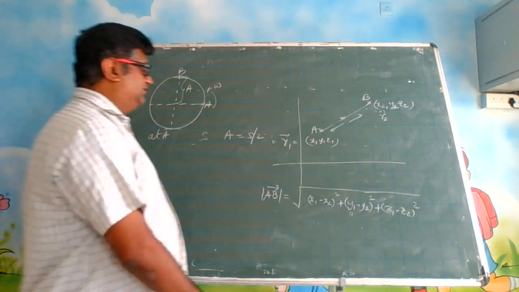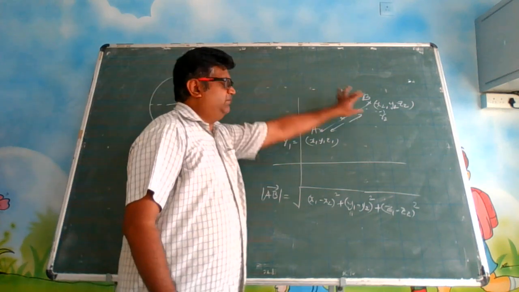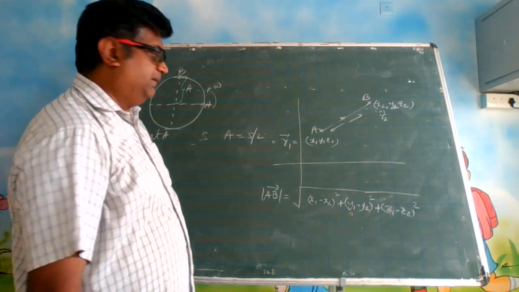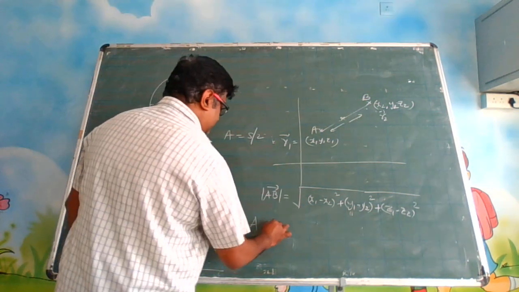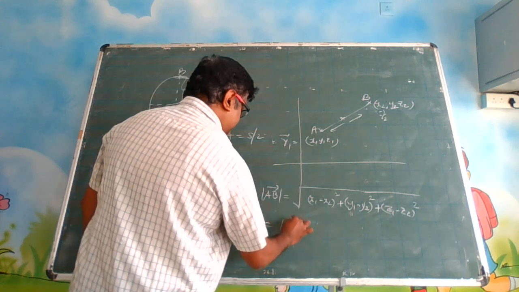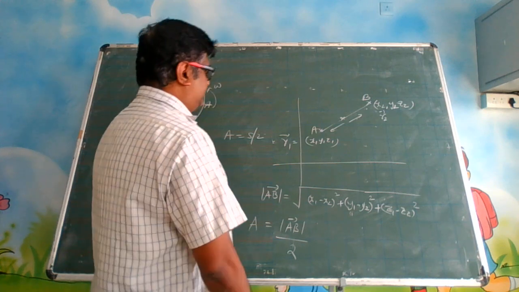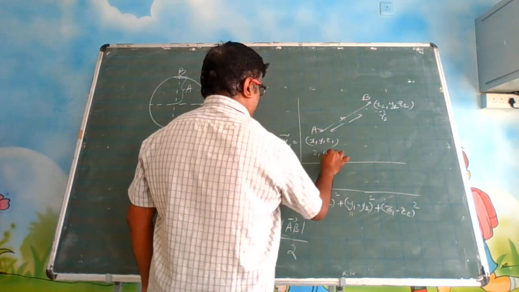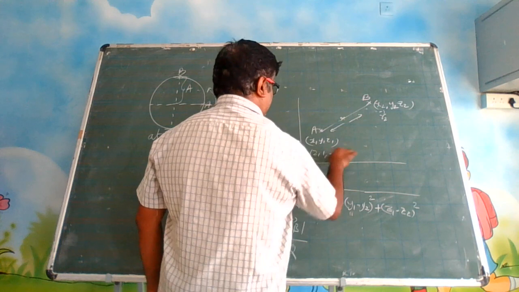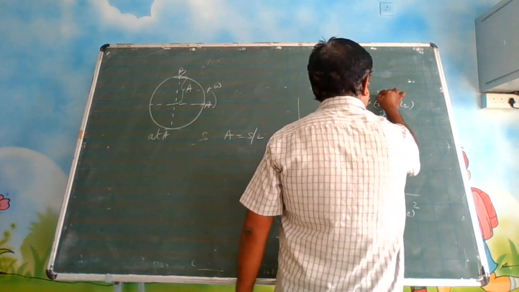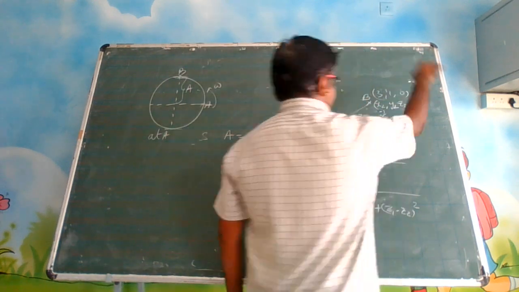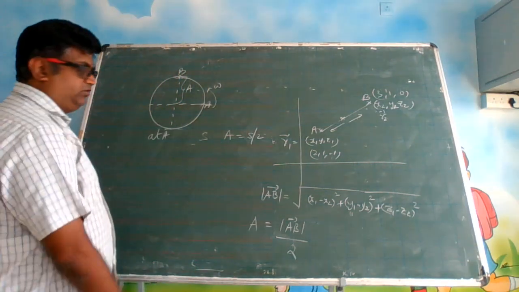This is the distance between A and B. If they ask you what is the amplitude, what will be your amplitude? Okay, so just for practice, take 2, 1, minus 1, and let us say 3, 1, 0. So what is the amplitude?